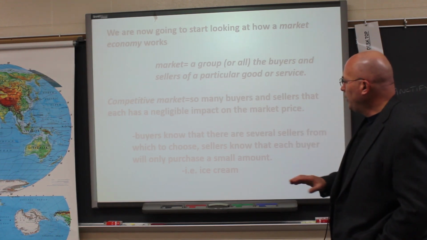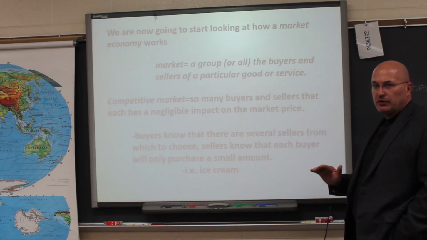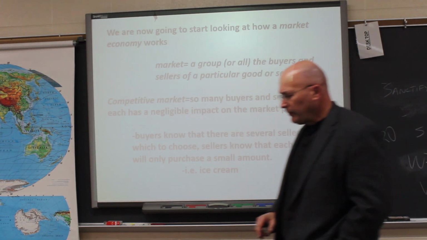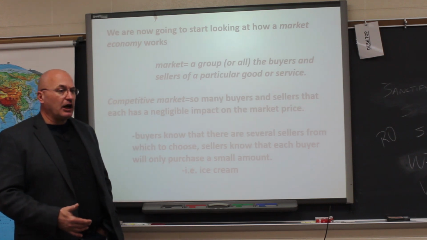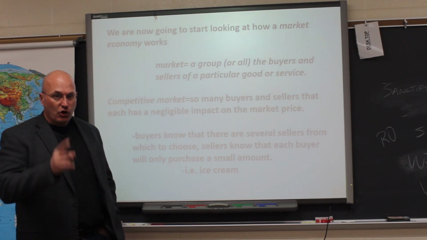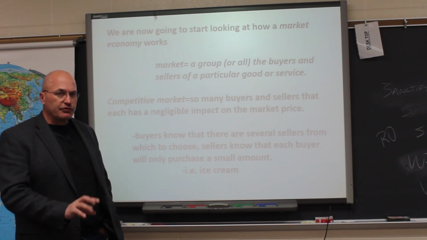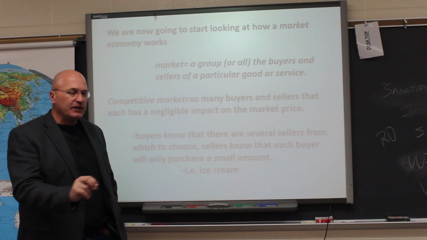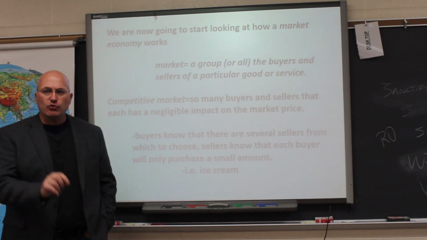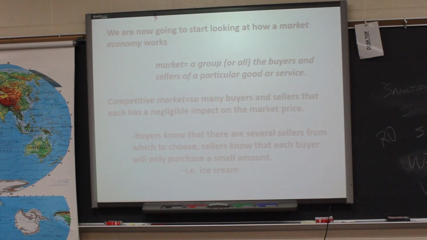So no one buyer or seller can control the price of the market. Now, we have situations that we call monopolies and oligopolies in which one buyer or seller does control, or a few do control, but that's why we call that a market failure, because the market doesn't work the way we expect it to in a competitive market setting.